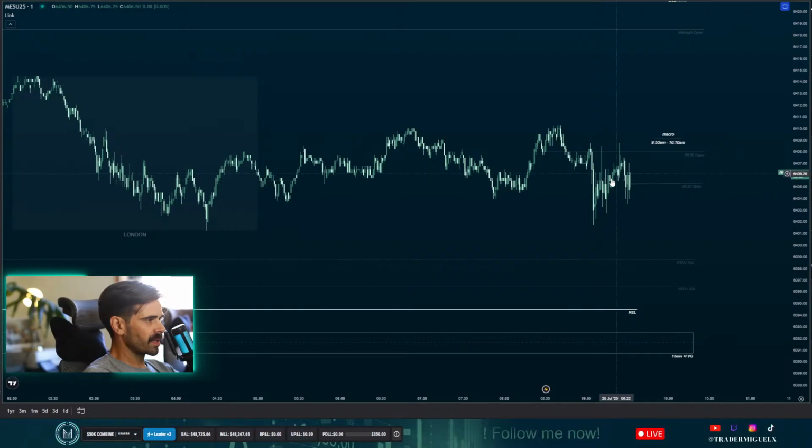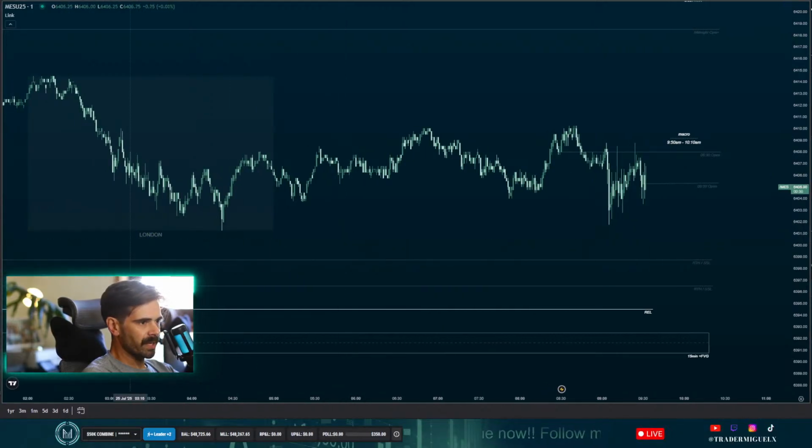It's a diagonal accumulation here. We have a rejection right at 8:30. Price is somehow like a mess here. If you look into NQ, it already took London lows. So ES is kind of saving London lows, but NQ already took them.